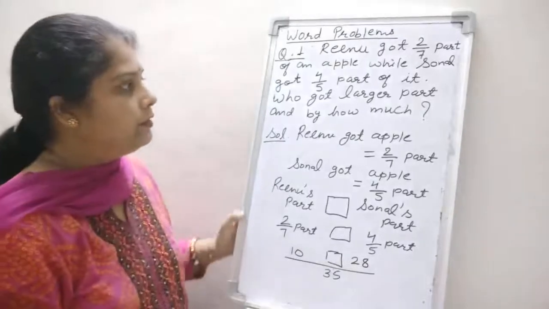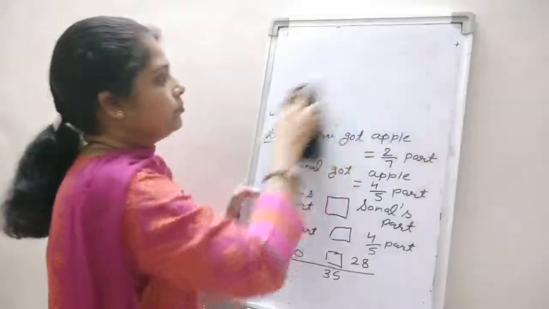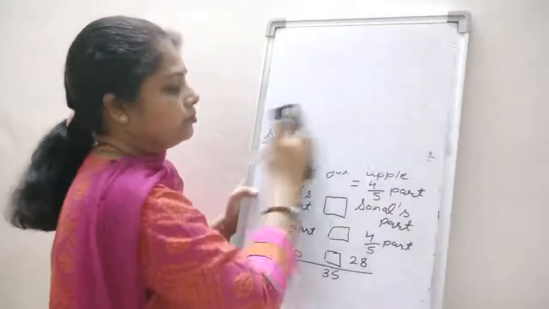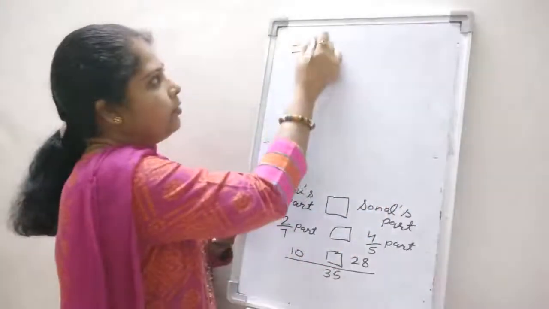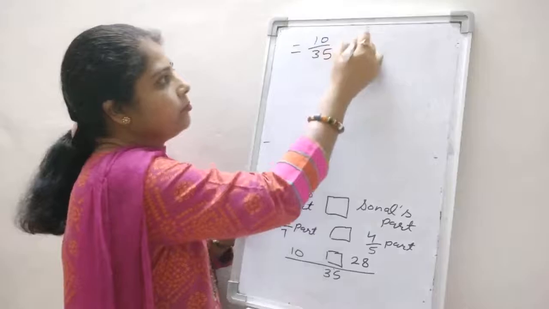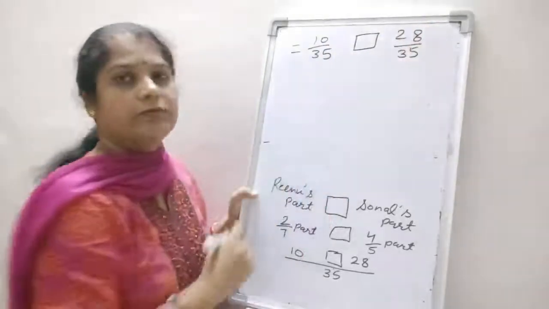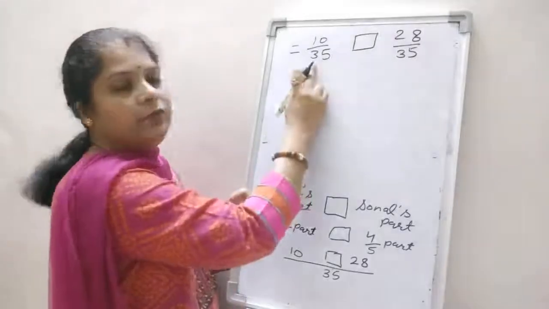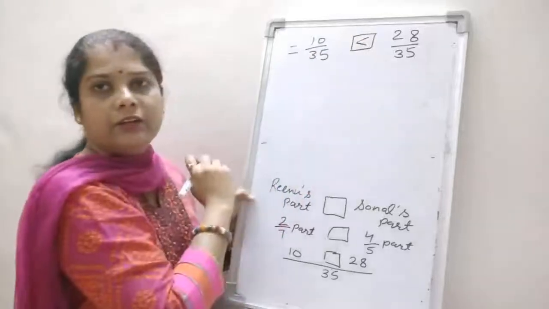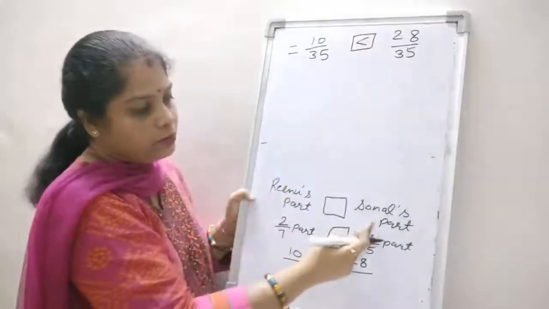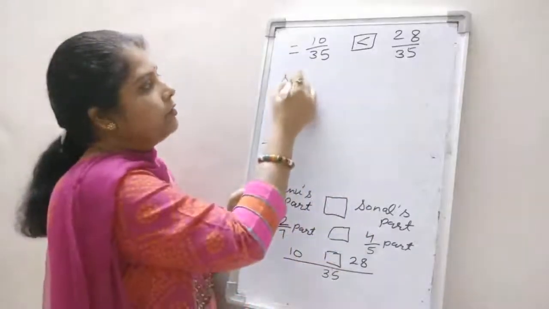Now we will separate these numbers: 10/35 and 28/35. Now which one is greater between these two? 28/35 is greater. So whose part is it? It is Sonal's part. So Sonal got larger part of the apple.